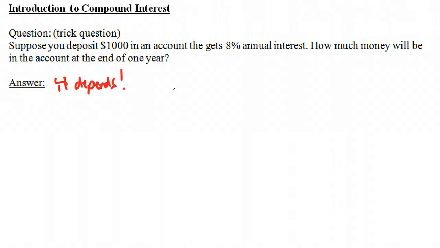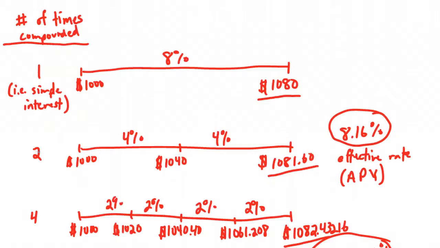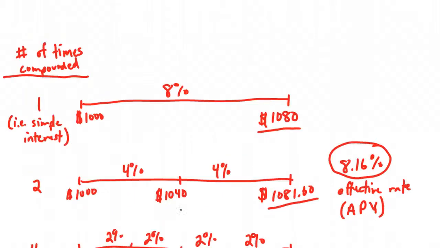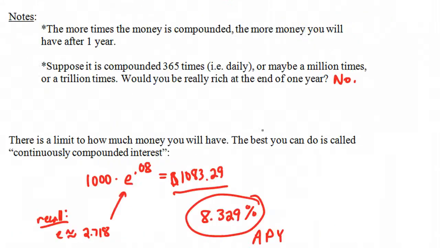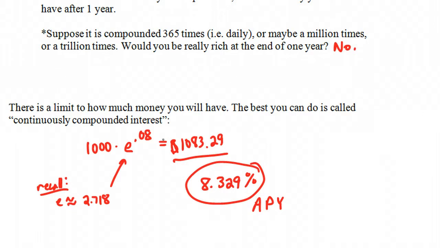In fact, ultimately, there's not really that much difference. Unless you had millions of dollars and a fairly high interest rate, you're not going to be off by more than a dollar or two even with large amounts of money. So actually, you wouldn't end up with $1,080 in the bank. You'd end up with probably about $1,083 in the bank.